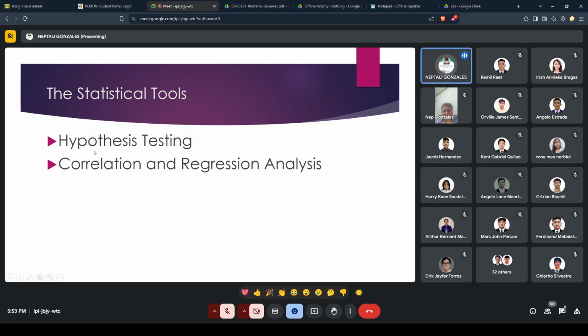Under correlation, there are two: the Pearson R or the Pearson product moment correlation, and Spearman-Rho correlation. The difference between the two is only the scales of measurement. If the level of measurement is ordinal, you will use Spearman-Rho. If the level of measurement is other than ordinal, then you will use the Pearson product moment correlation. We will discuss those in depth when we reach that topic. We will focus more on hypothesis testing.